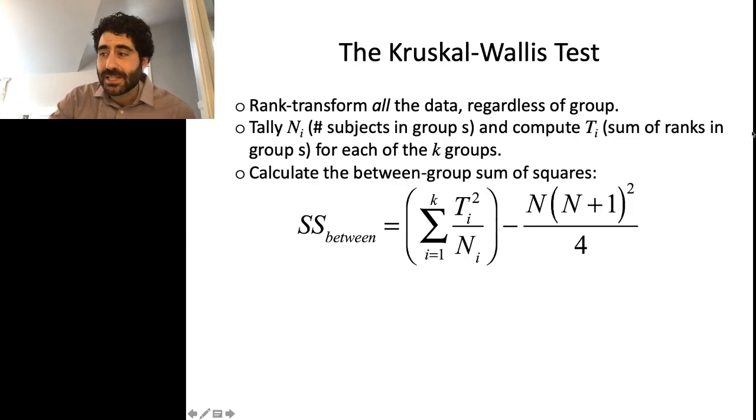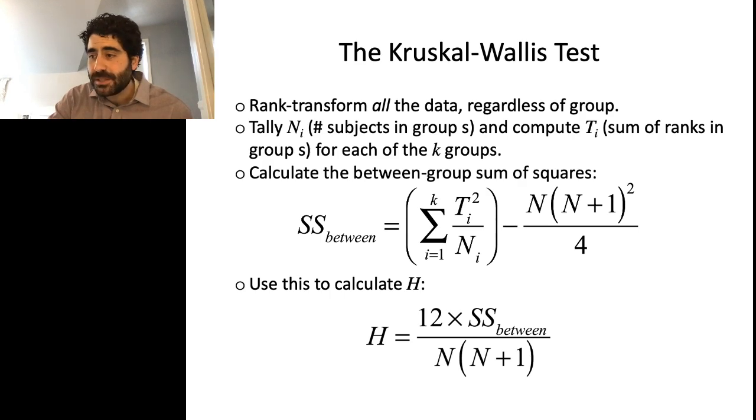And so we can actually just subtract off this constant value here. So this Kruskal-Wallis test is a little bit simpler than the regular ANOVA in the sense that we know exactly what the variance is of the whole group because we've forced it to have this uniform rank distribution.